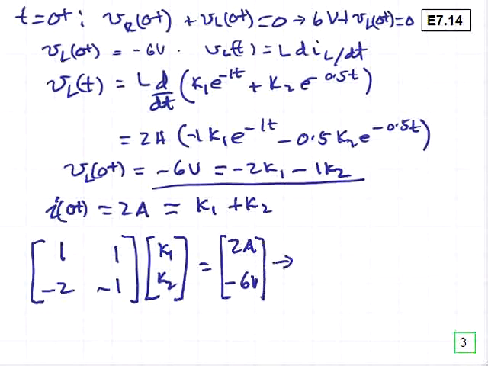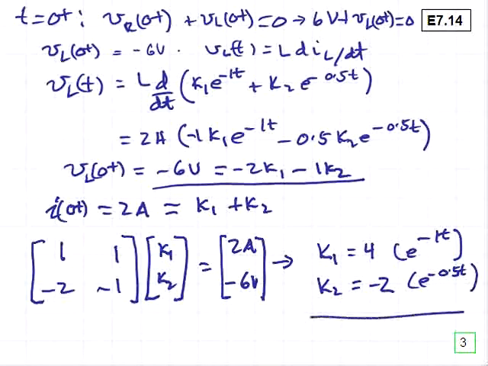And solving this matrix equation, you'll obtain K1 is equal to 4. That goes along with the e to the minus 1t exponential term, and K2 is equal to minus 2, which is associated with the e to the minus 0.5t exponential term.